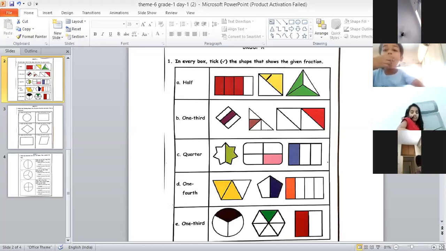Yes, children, the second shape, which is a square, this square is divided into 2 parts, 1 and 2. And out of these 2, only 1 part is shaded yellow. So, yes, this shape is representing half. So, we will put our tick on second shape, children, because for half, it should be divided into 2 parts. Okay, that's correct.